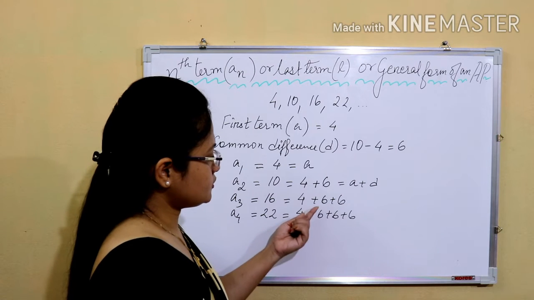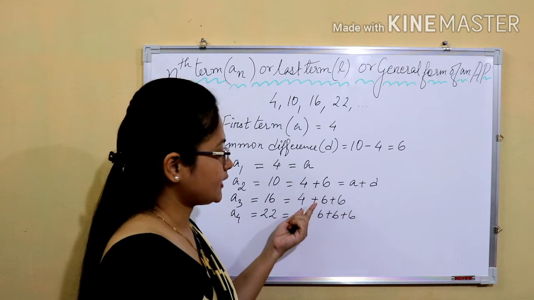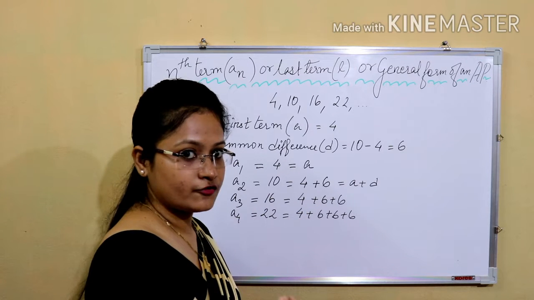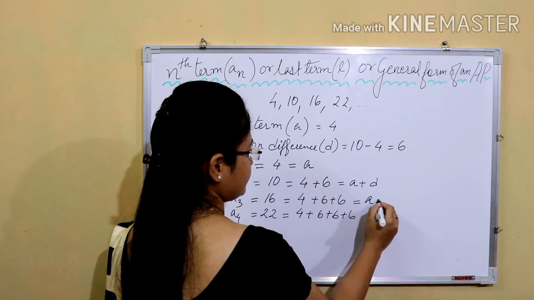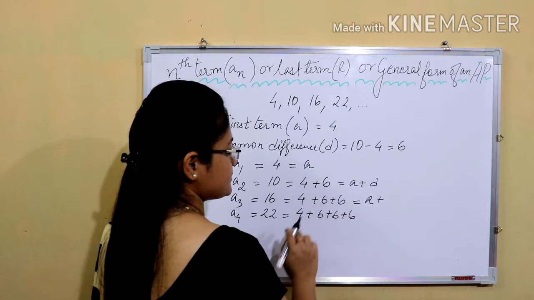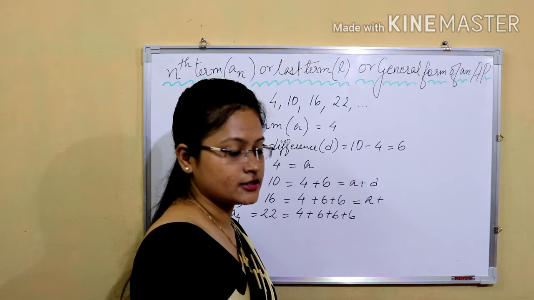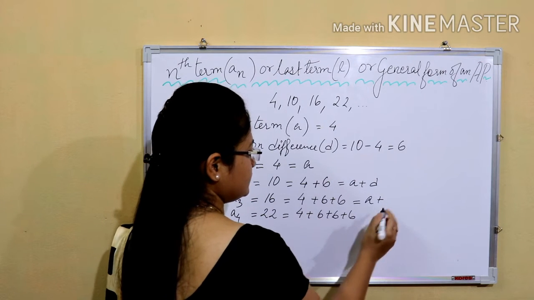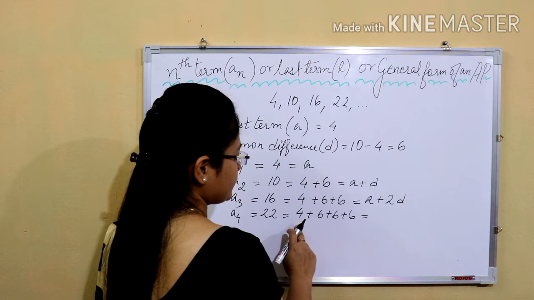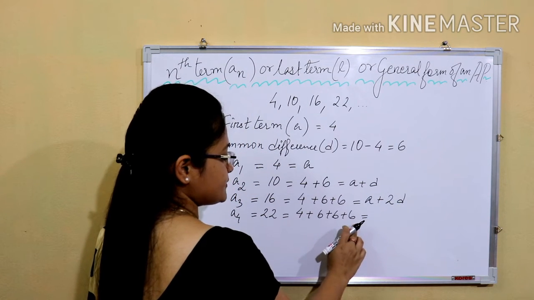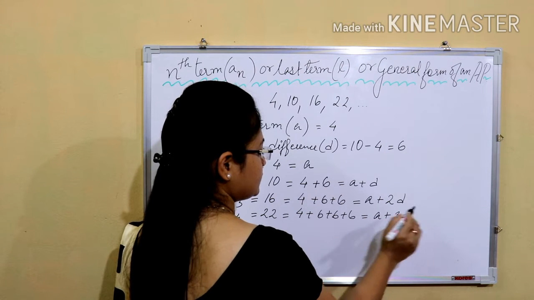As we know this common difference is added 2 times, that we can write as twice of D. So, we know 4 as A and 6 is added 2 times, and we know multiplication is repeated addition. 2 times it is added, it can be written as 2D. Same way, 6 is added 3 times, so A plus 3D.